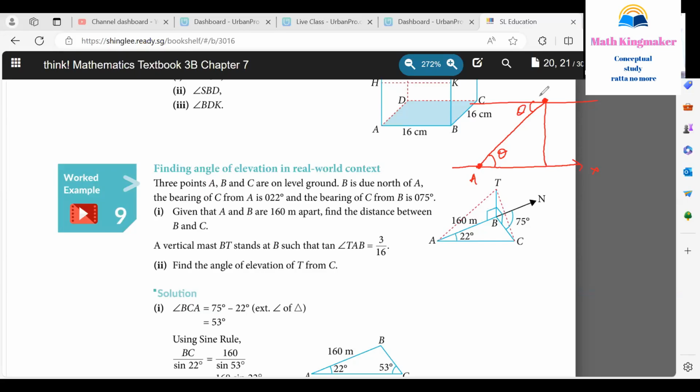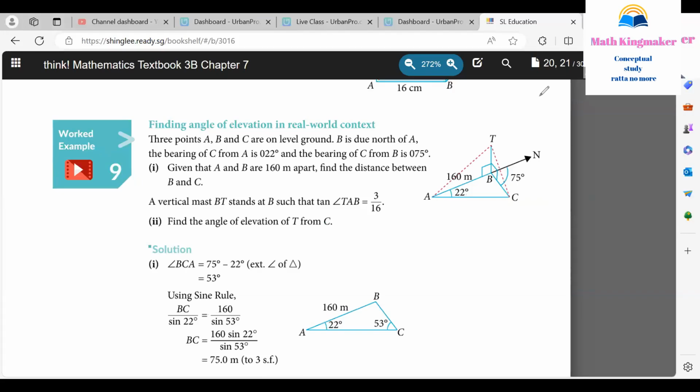And always the angle of depression is equal to the angle of elevation. Why are they equal? Sir, because they're opposite. Sorry, not opposite. It is called interior opposite. Interior opposite. Okay.